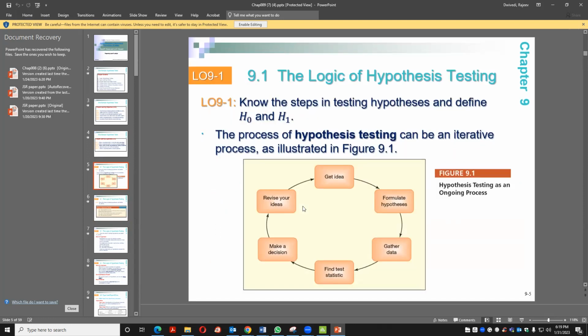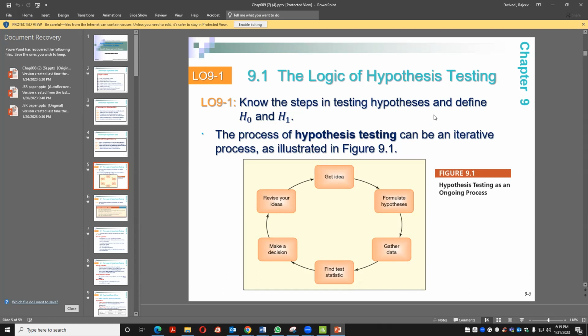Before going into hypothesis testing, I would like to make a point. What is the definition of hypothesis? Any idea? What do you understand by the word hypothesis? Educated guess? Yeah, any definition that you think would be correct.